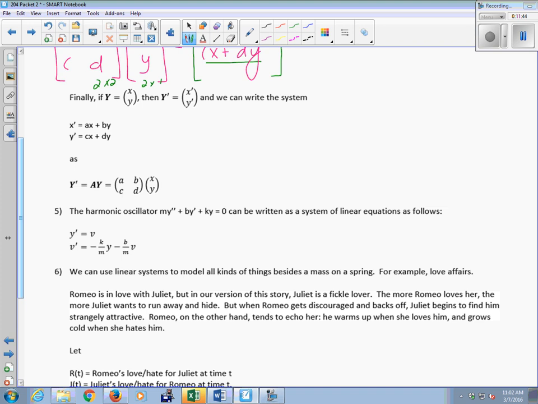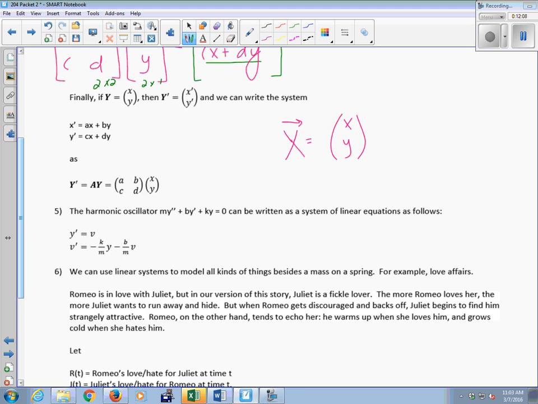So why is it a y instead of an x? Just author's choice. So the question was, why did we call this xy vector y as opposed to x?